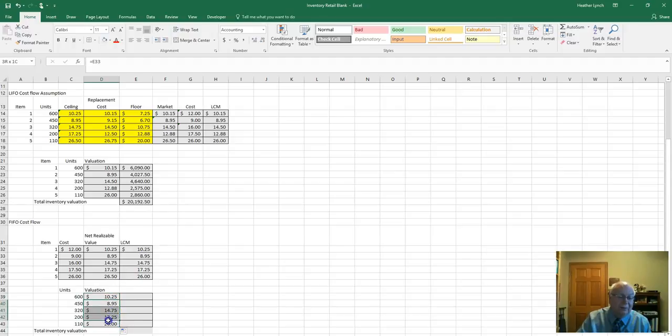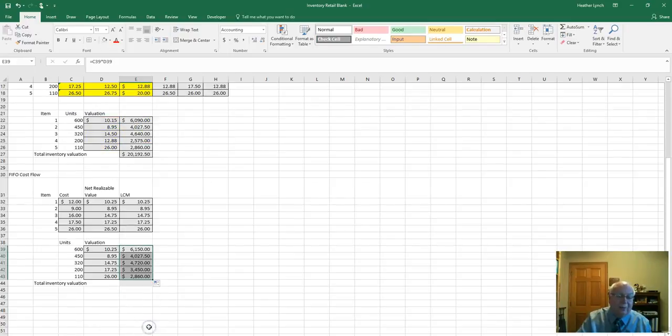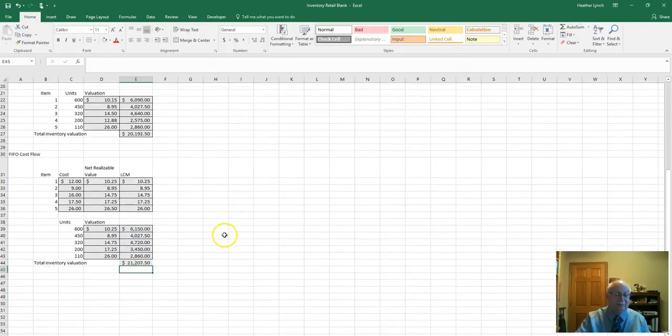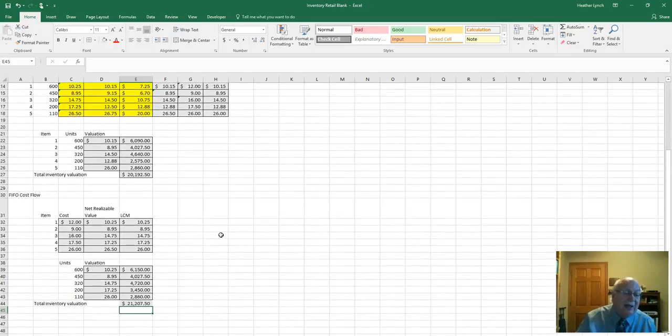We bring those down, and then what we'll do is we'll multiply the 600 times the 10.25, and then multiply them all the way down, and then for the bottom one we simply add them up, and that gives you the 21,207.50. And that's your value for inventory under the two methods.